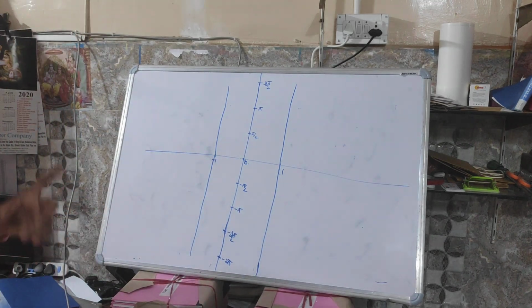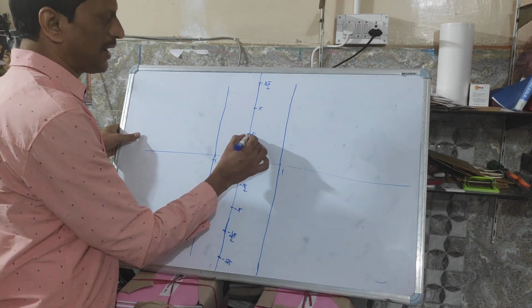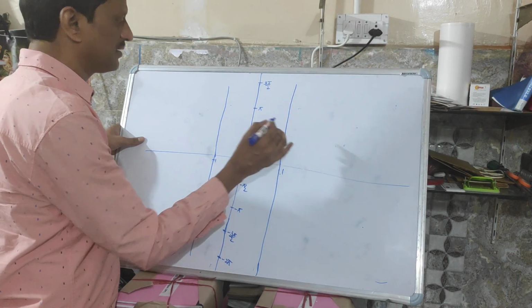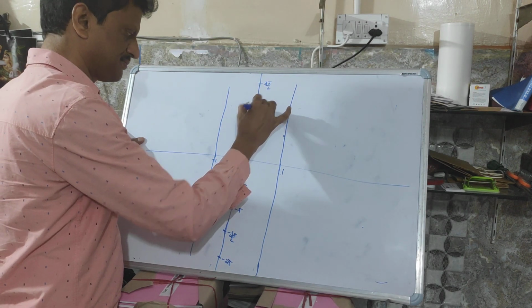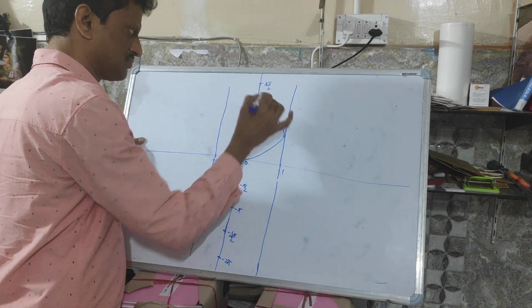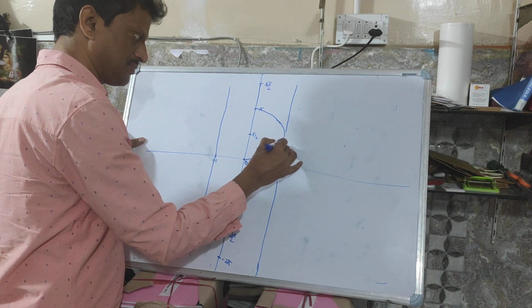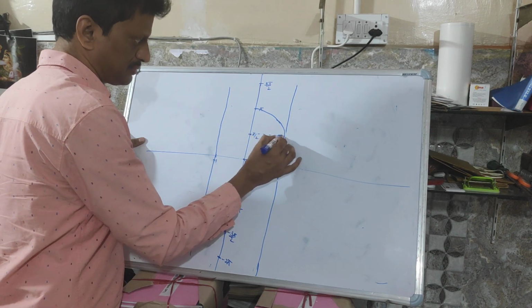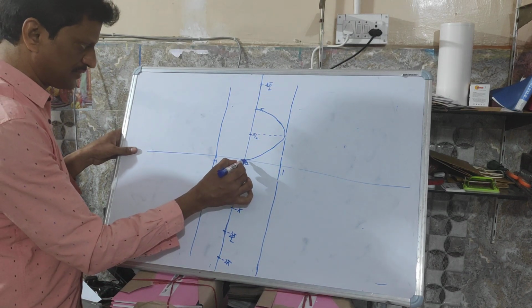If you observe the original function graph, at pi by 2 you will be getting an upper arc. So here on the right side you will be getting a smooth curve at pi by 2, not sharp. And at minus pi by 2 you will be getting a left side arc.